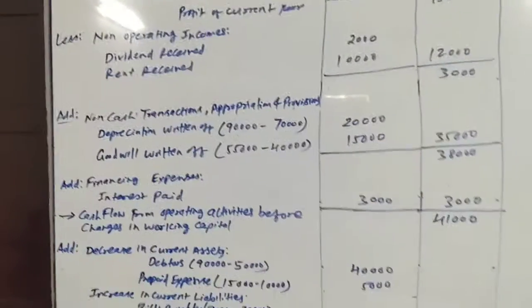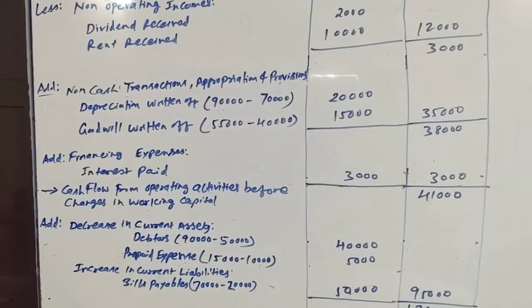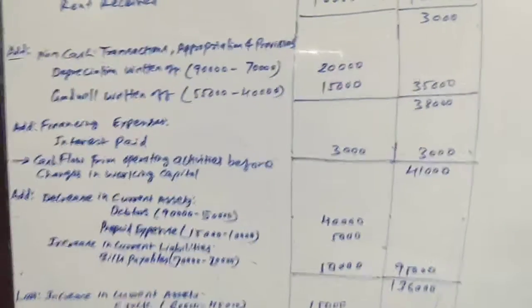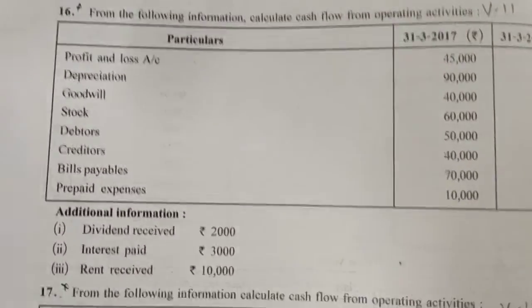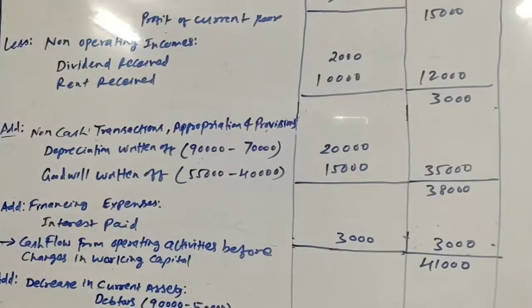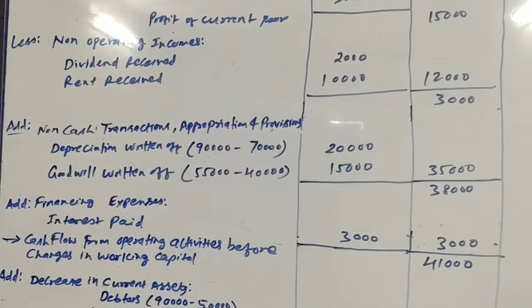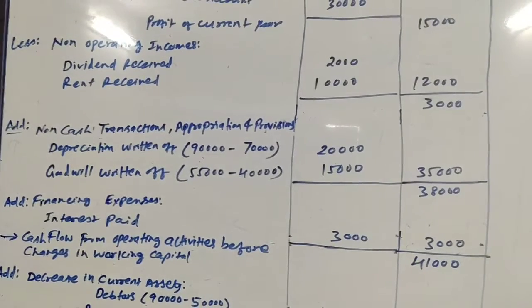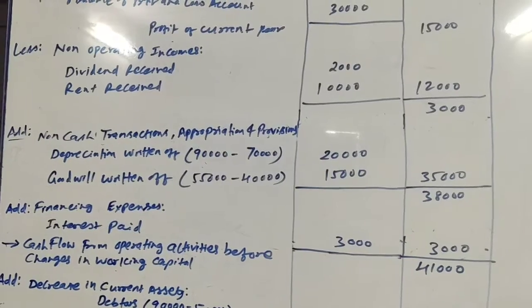Right now we have to add the non-cash transactions, appropriations and provisions. We have seen, friends, that two non-cash transactions or provisions are given here: depreciation and goodwill. Depreciation, earlier it was 70,000, now it is 90,000. So there is an increase of 20,000.